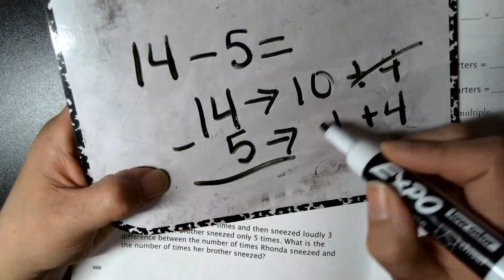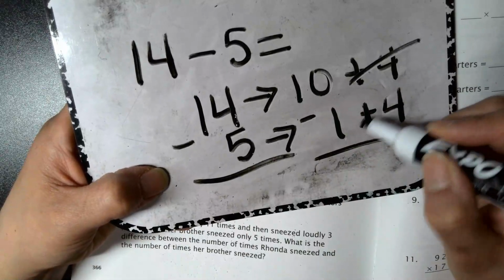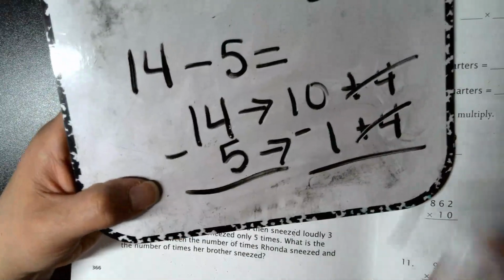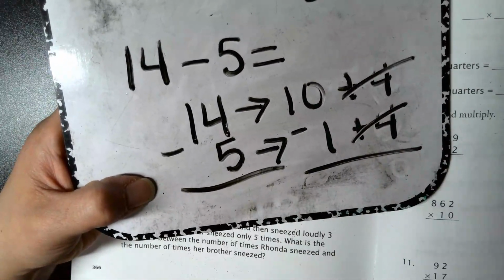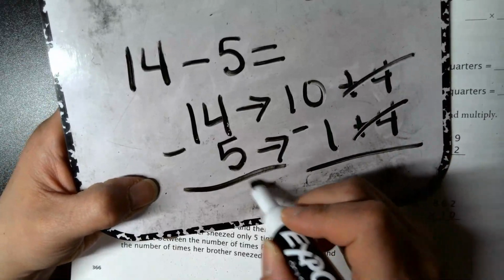Then you can subtract these, 4 minus 4 is 0, and since these cancel out, now we only have 10 minus 1, and that's a 9.